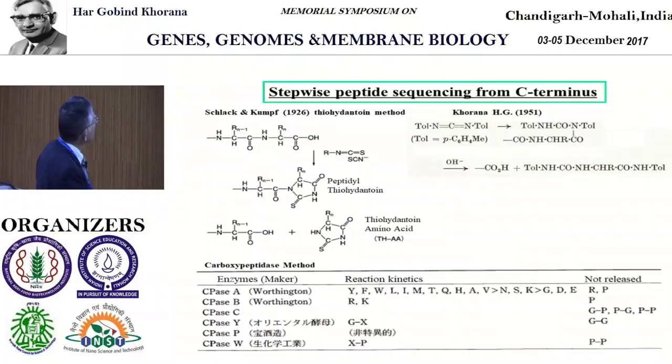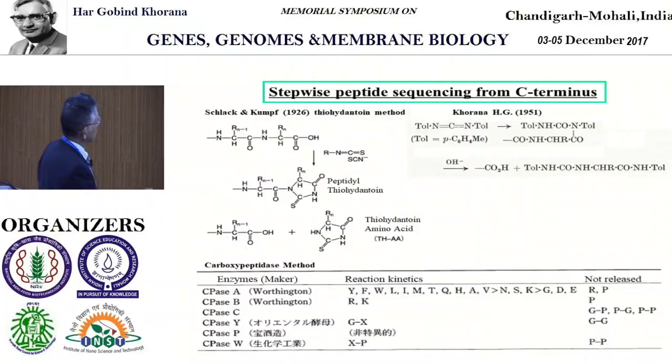And there were other chemical reactions too, but the chemical reaction has a drawback. If you meet with proline, then sometimes sequencing gets blocked, etc. And then there is a much easier method, the carboxypeptidase method, sequencing from the C-terminus now. So this didn't take on.